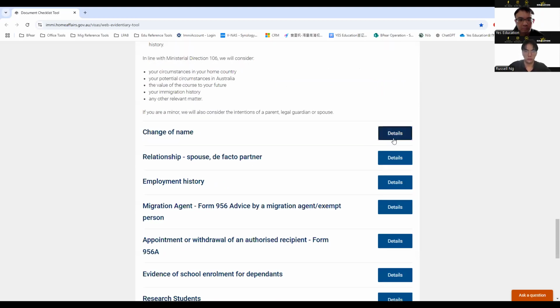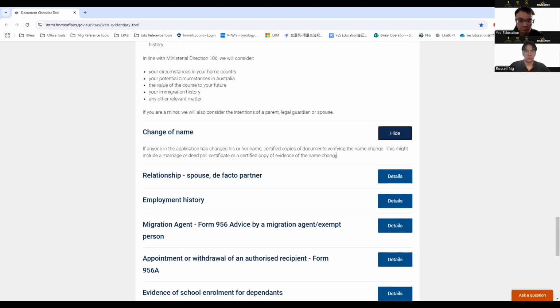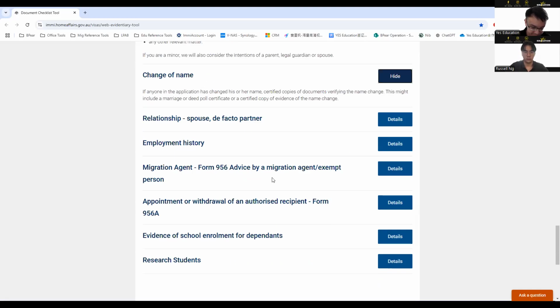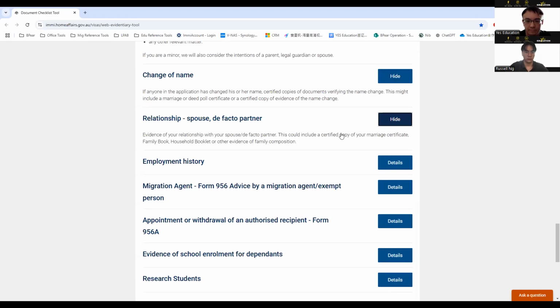And then change of name, if the student has a used name. You need to provide evidence on that. Usually it's a name change certificate or something issued by the local police or the local government. And then if you have a secondary applicant, that is your spouse or your children, they need to provide relevant evidence also.